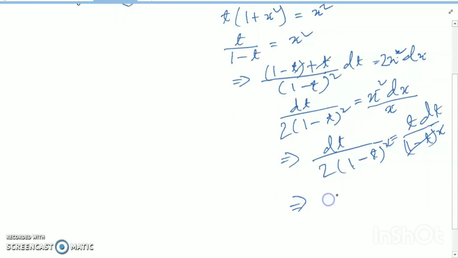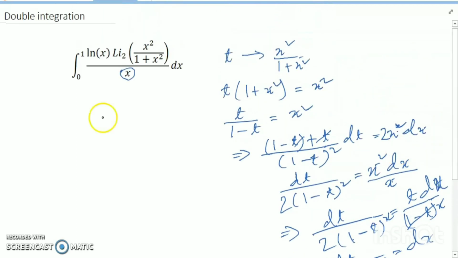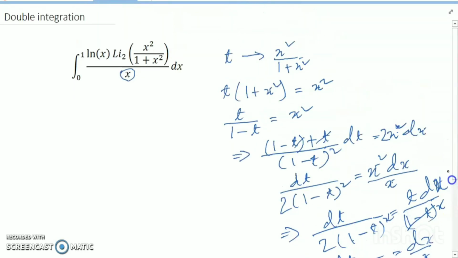So I get dt divided by 2 into t into 1 minus t, that is dx by x. So I am just putting that in here.